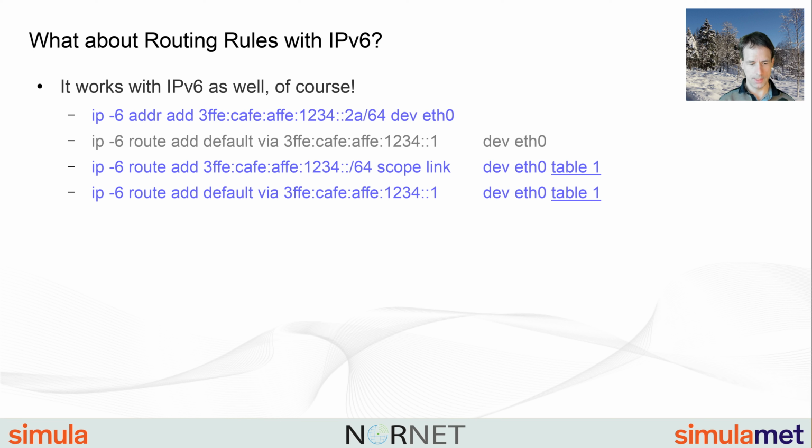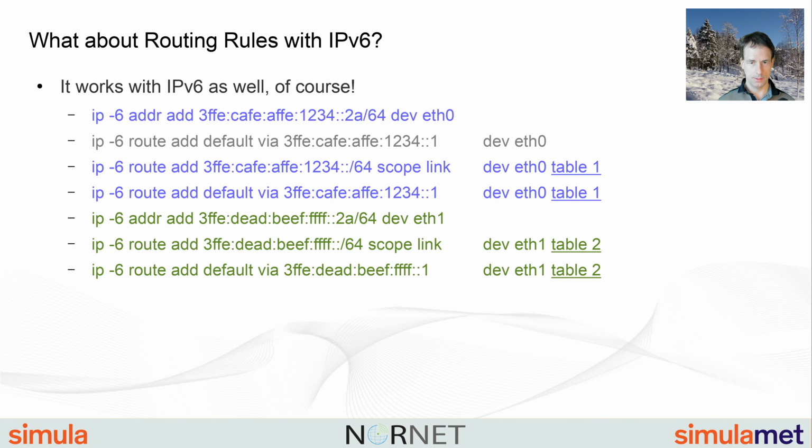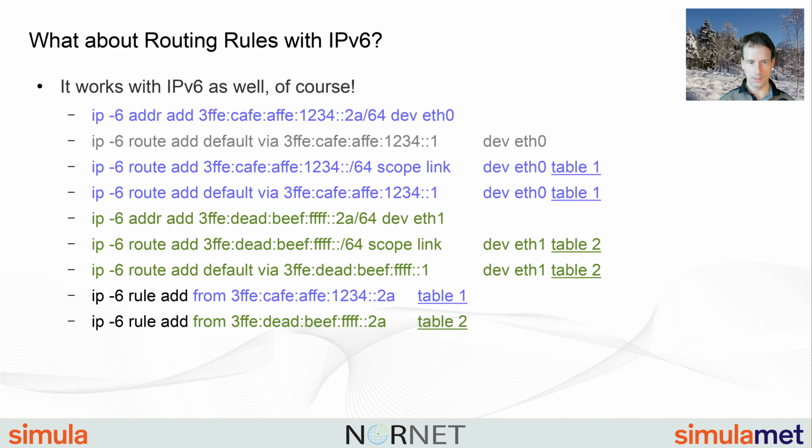So of course they are different from each other. Well, this is the first ISP, then we can do the same with the second ISP in IPv6 table number 2, and again we define the IP routing rules for the IPv6 source addresses to use either table number 1 or table number 2 according to the source address used, source address of Ethernet 0 or source address of Ethernet 1.